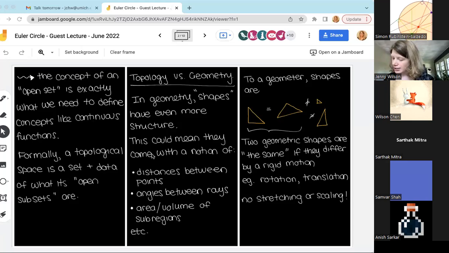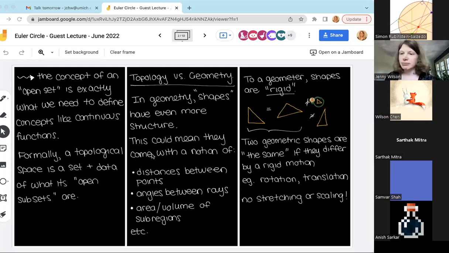So these are all concepts that live in the realm of geometry in contrast to topology. Okay. So that is to say, to a geometer, shapes are rigid objects. And to a geometer, here's an illustrative picture. These two triangles may be considered the same triangle because they're similar triangles. But this triangle would not be the same as either of these, since metrically they're different.